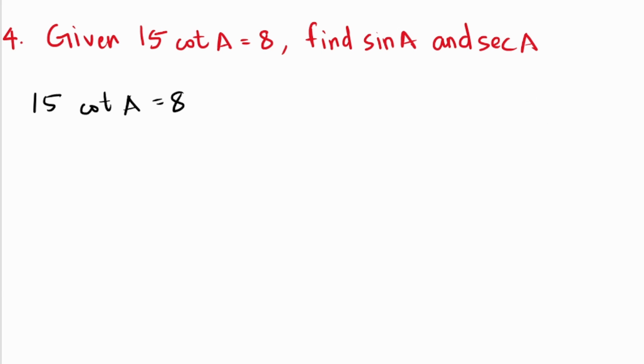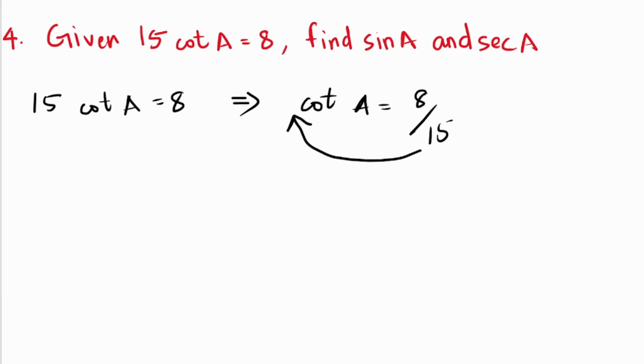You can write this in this way also: cot A equals 8 by 15. It's nothing but the 15 has been transposed over here. That is why they gave the question like this. The same meaning itself. 15 cot A is equal to 8 simply means cot A equals 8 by 15. That's it. No other difference.